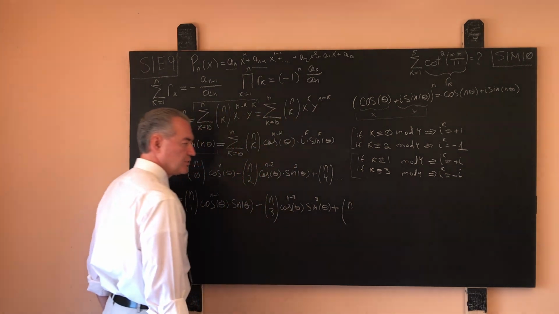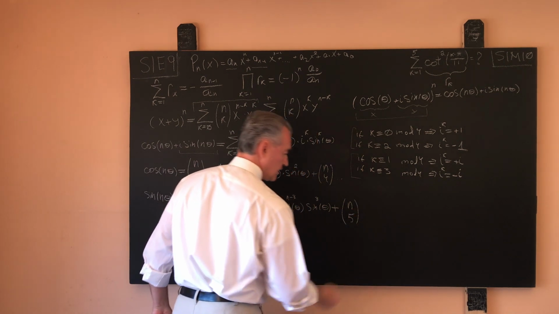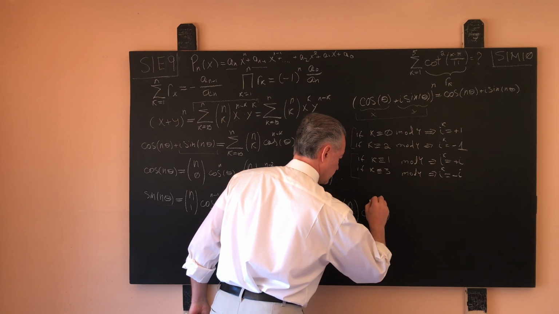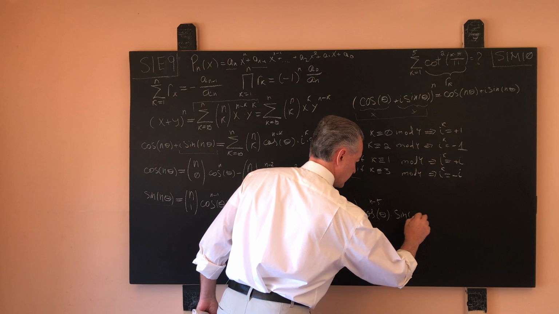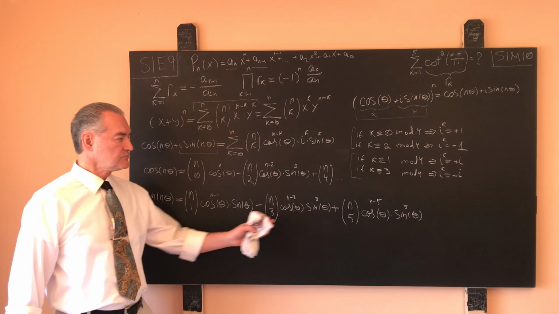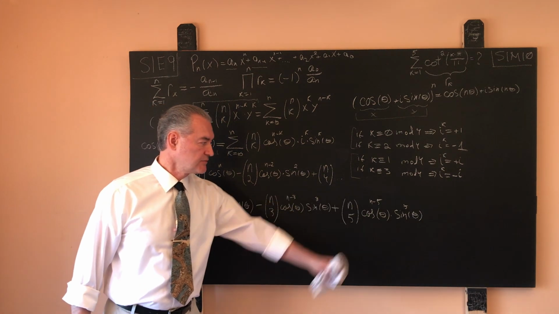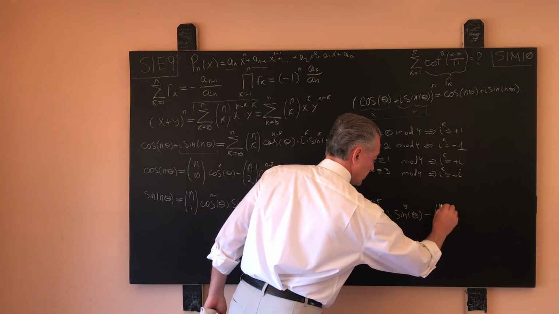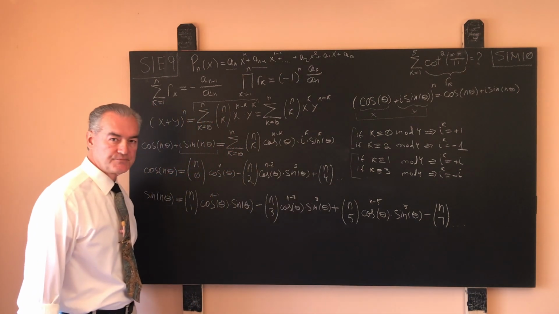The binomial coefficient n choose 5 times the cosine of theta raised to the power n minus 5 times the sine of theta raised to the power of 5. Again, this is the coefficient k spelled out as 5. The next term will be minus n choose 7, and so on.